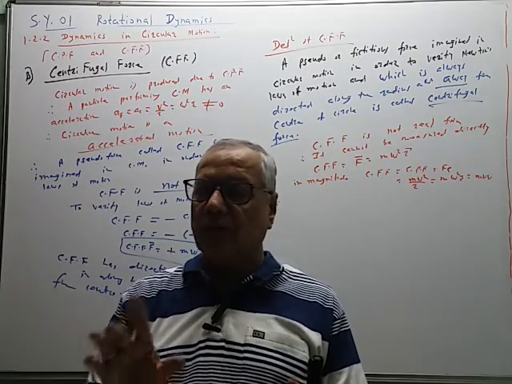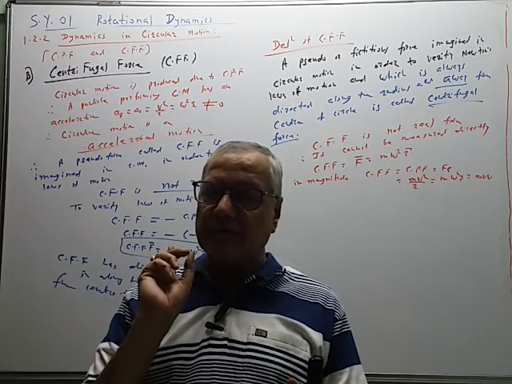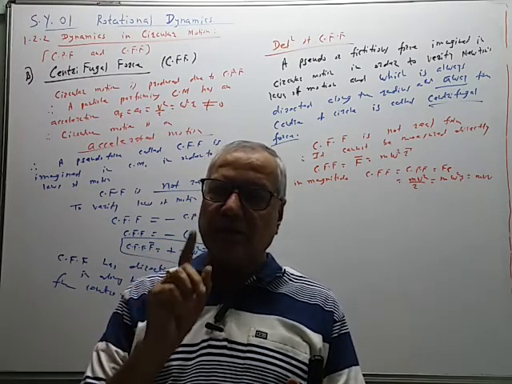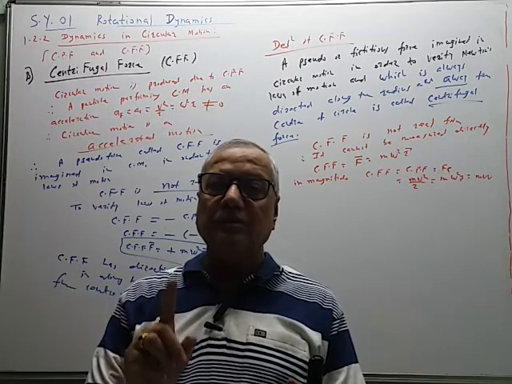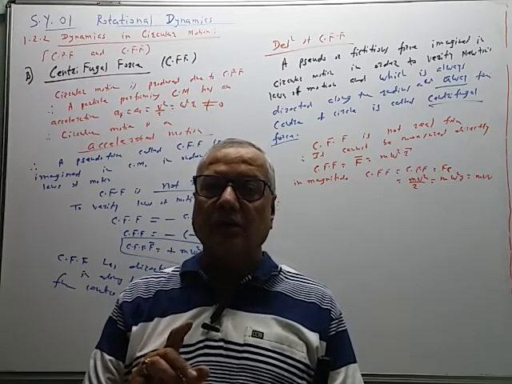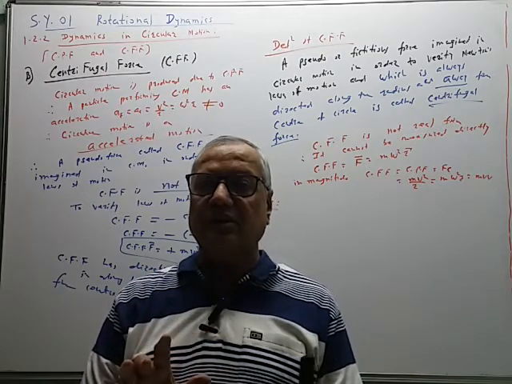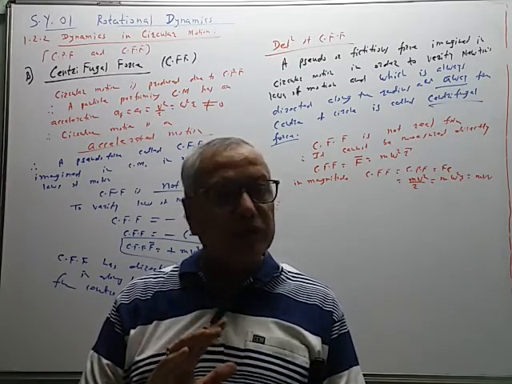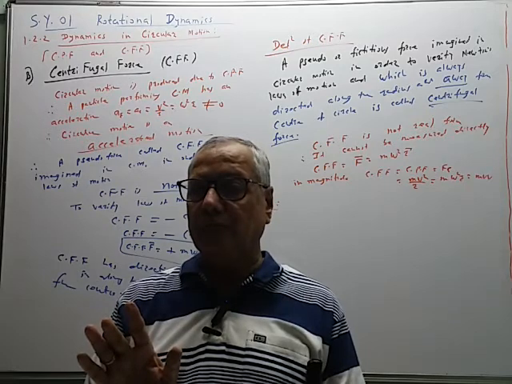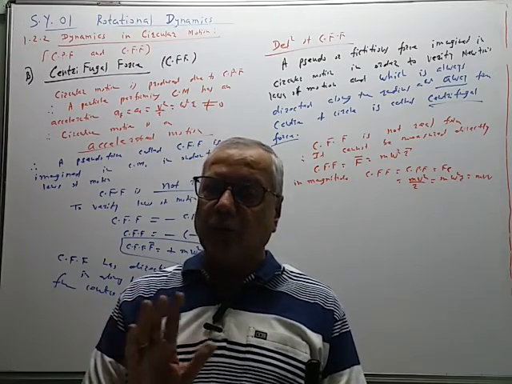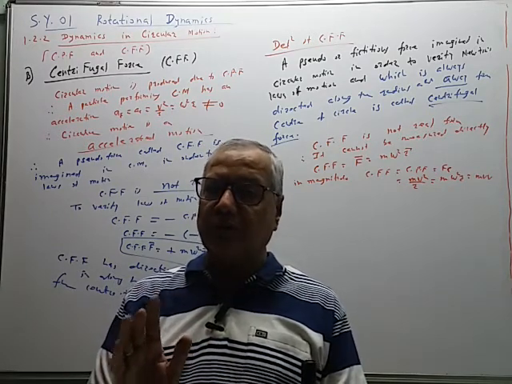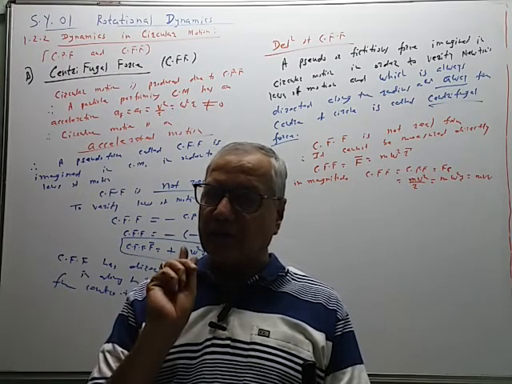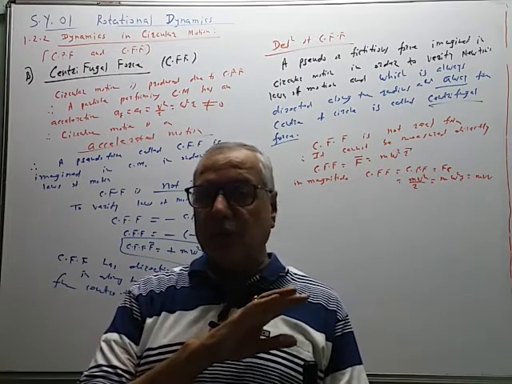Actually, this motion, backward direction toward the seat or forward direction toward the driver, is due to inertia. No one is exerting any force on the passenger. It is the effect of inertia. No one is exerting a force on the passenger to produce the motion in the backward or forward direction. There is no real force.